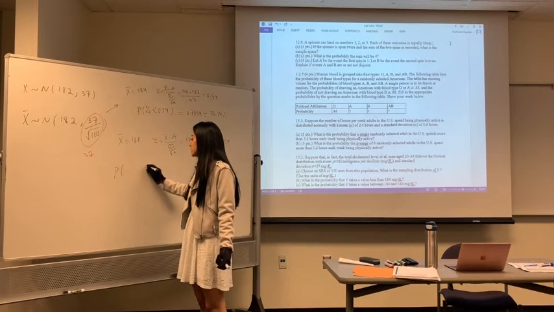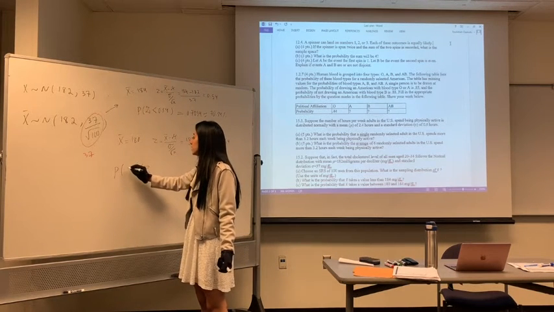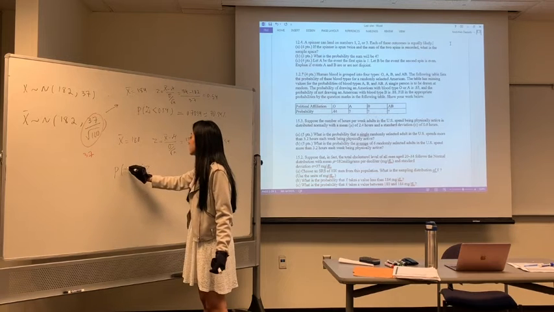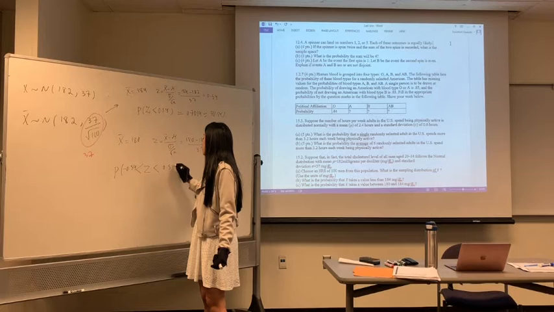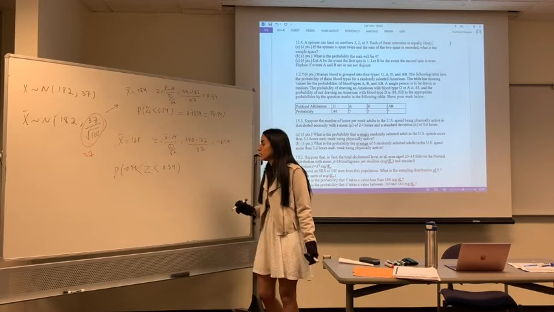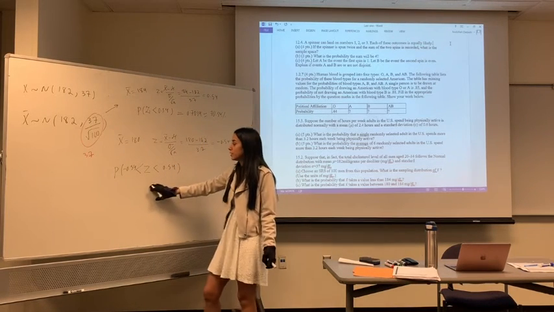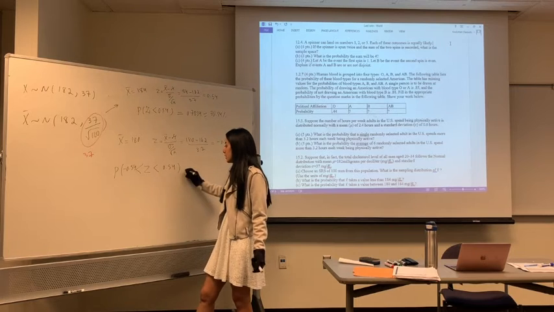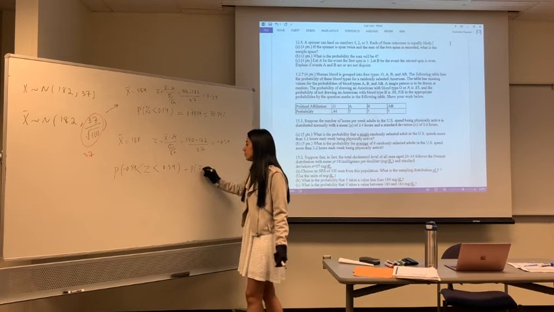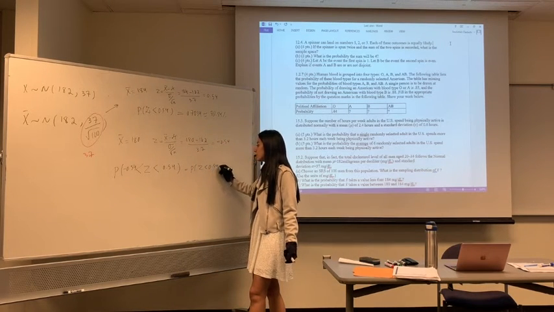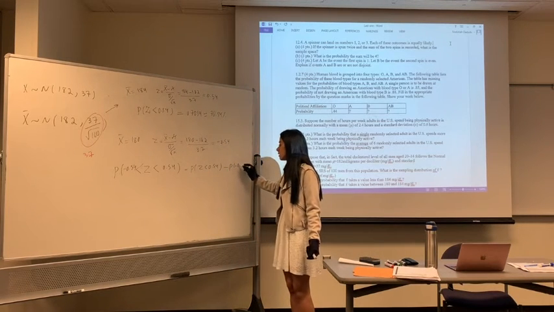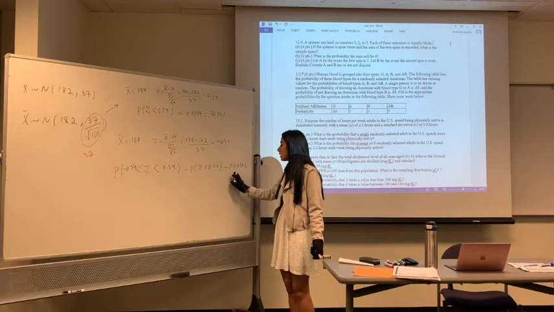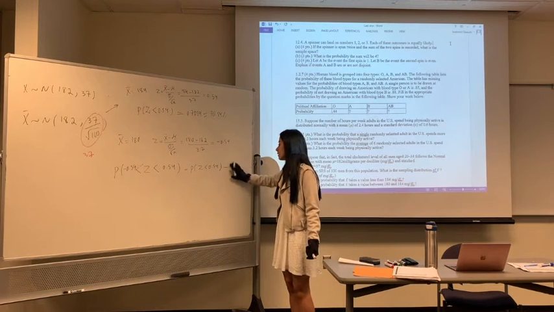Probability of Z between the smaller number, negative 0.54, right, and the bigger number, 0.54. If we want to calculate the probability between these two, we subtract the probability of the smaller one from the bigger one, right?